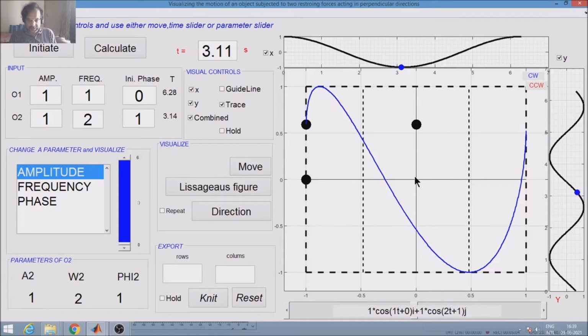Now by the time it reaches the negative, x would have covered only this much of distance. So that's why the tangent is here. This is the second tangent.